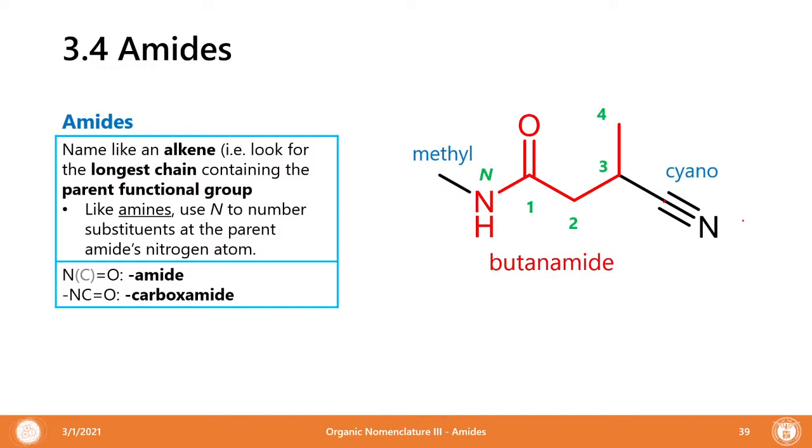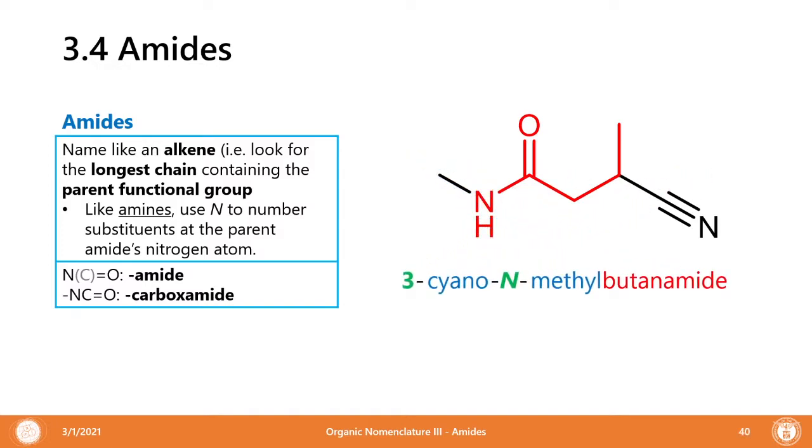Okay, so position 1 here at the carbonyl carbon. Assembling the name, we get 3-cyano N-methyl butanamide. Okay, it's ordered this way because of alphabetization. C before M. Okay, so simple.